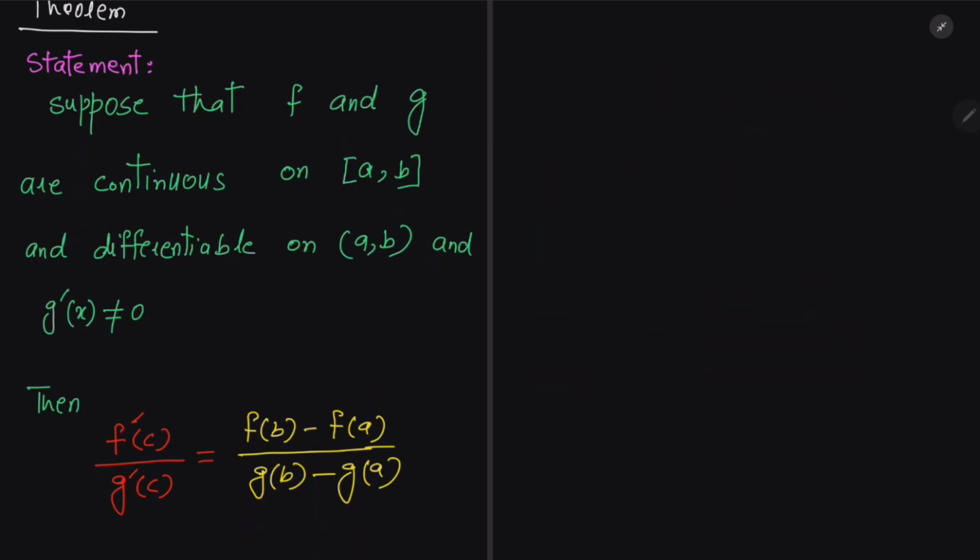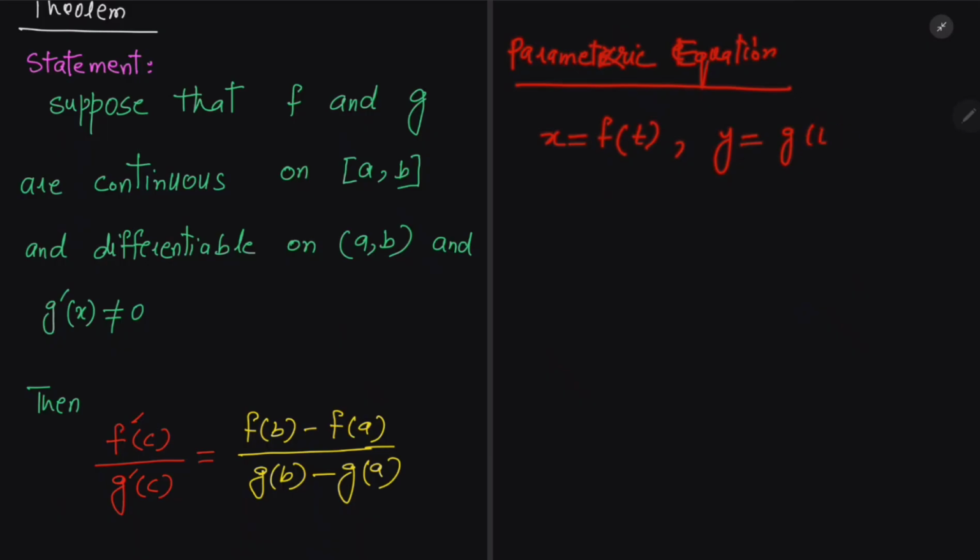There are two reasons why there are two functions. One reason is the parametric equation. You know what a parametric equation is. A parametric equation says that x is equal to f(t) and y is equal to g(t).